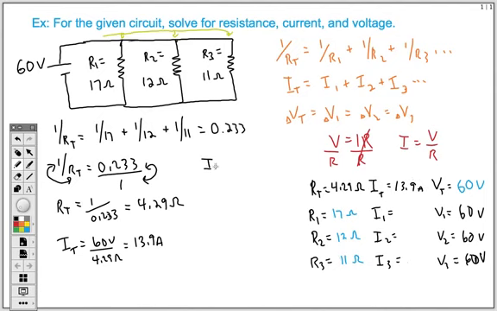Now we've got to solve for I1, which is going to be 60 volts divided by R1, which is 17 ohms. 60 divided by 17 gives us 3.5 amps. Now my I2, same method, 60 volts divided by 12 ohms, we get 5 amps.